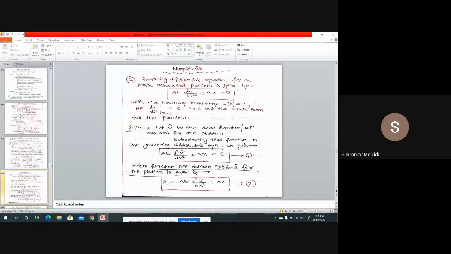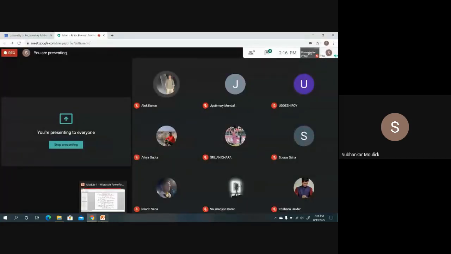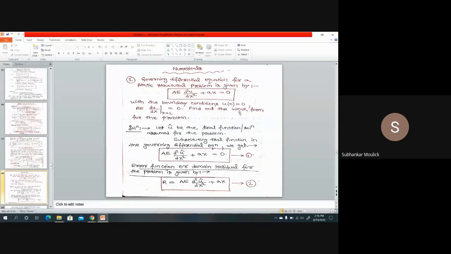The problem is: the governing differential equation for a static structural problem is given by A into E d2u over dx2 plus ax equal to 0, with the boundary conditions u of 0 is equal to 0, that means the value of u will be 0 when x is 0, and A into E du over dx at x equal to L is 0. Find out the weak form for the problem.